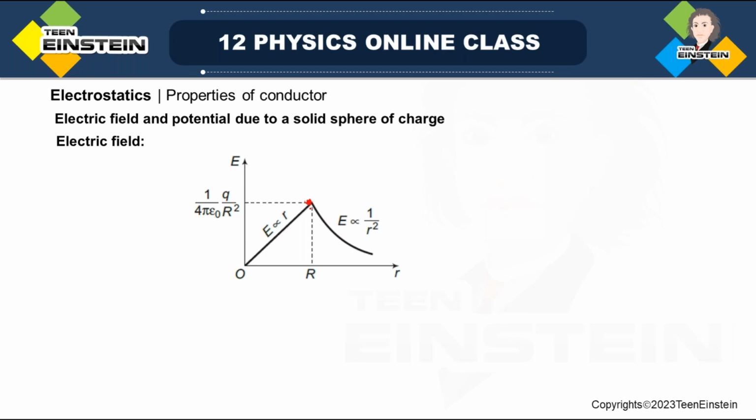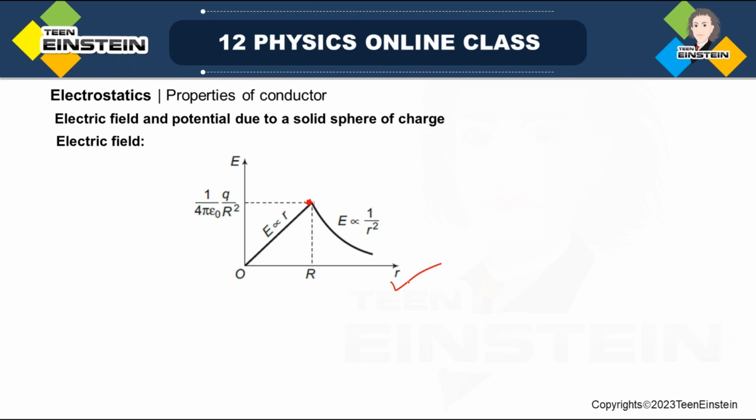Starting from the center of the sphere, electric field increases as we go towards the surface, and after the surface it varies as 1 by r square, decreasing as you go away. So this is how electric field varies.